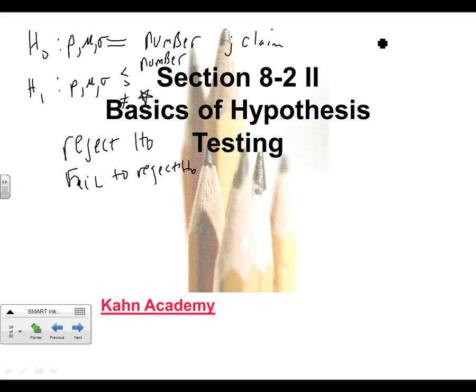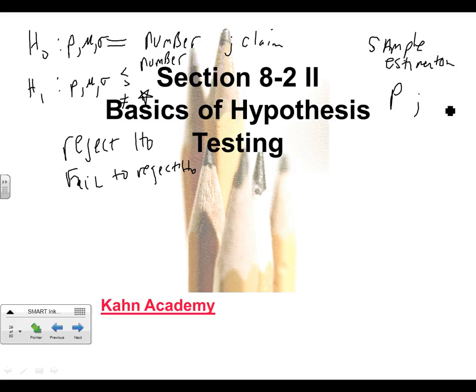And what are some sample estimators we're going to use? What's a good estimator for P? What do we use to estimate P from our sample? The symbols back there. What goes with the population proportion?